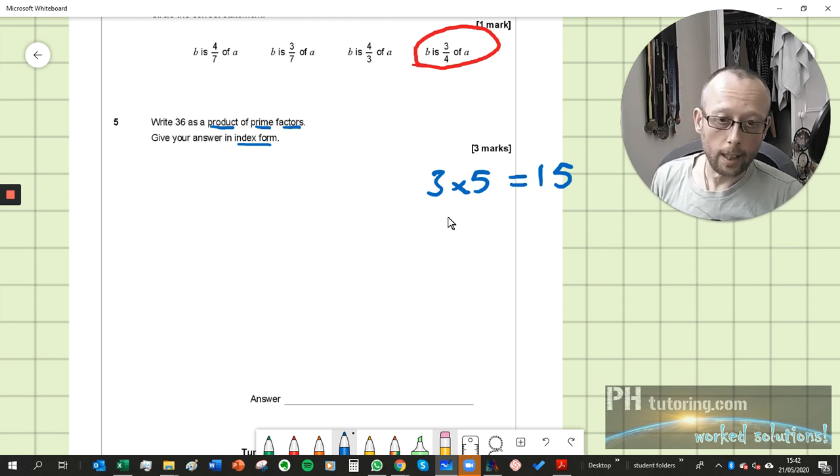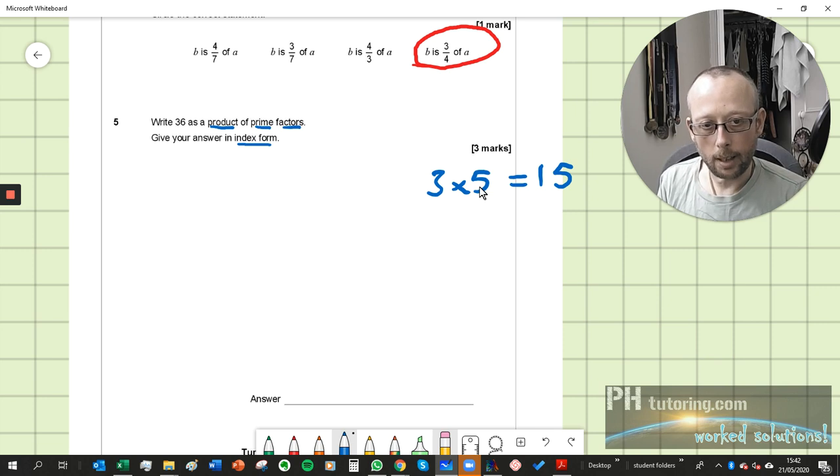It can't be divided by anything else, so 3 is prime. 5, the same. It can be divided by itself, 5, and by 1, but it can't be divided by anything else, so 5 is also prime. 15 is not prime because it can be divided by 5, or 3, or 15, or 1. So 15 is not prime. 5 and 3 are prime numbers.